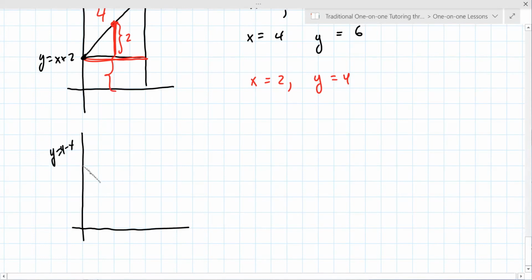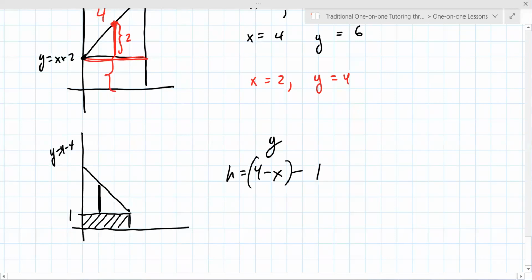It looks like this, and we want the height right in here. That's 1. So what do we subtract? Just 1. So the height would be 4 minus x minus 1. So you take your function, which is generally y, and you subtract whatever the pedestal is, so to speak.